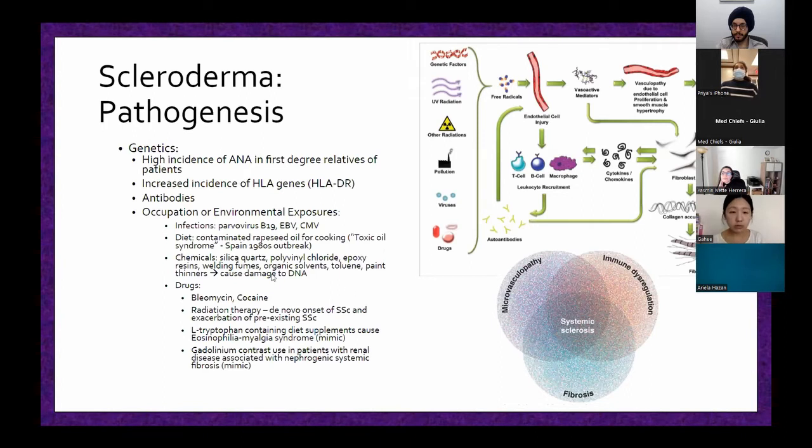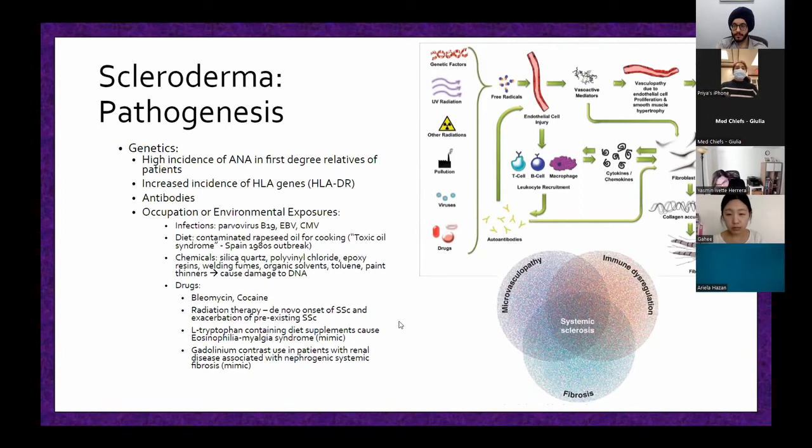And there are some reports of dietary factors, as well as chemicals, occupational risks and hazards, and certain types of toxins. All of these things can cause damage to the DNA and trigger off the cycle for scleroderma. Some of the drugs that are commonly reported to cause the disease include bleomycin and cocaine, as well as radiation and certain supplements.